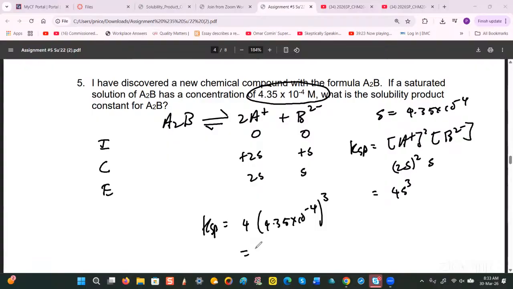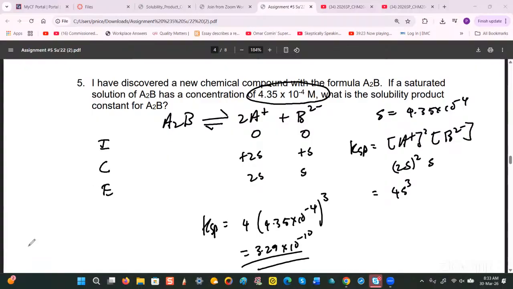And according to my calculation, this works out to be equal to 3.29 times 10 to the minus 10. And that's it. All right? Any questions about this one? Any questions?